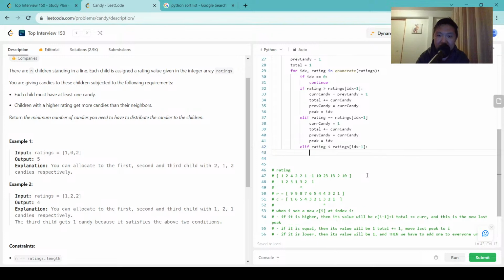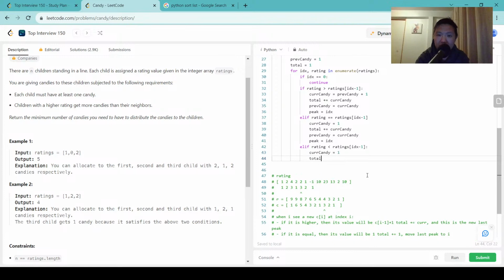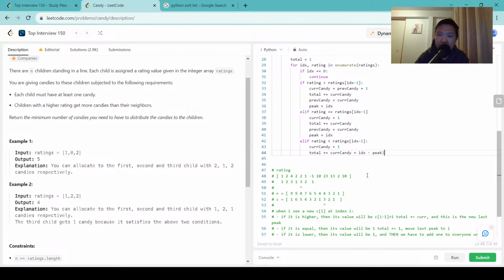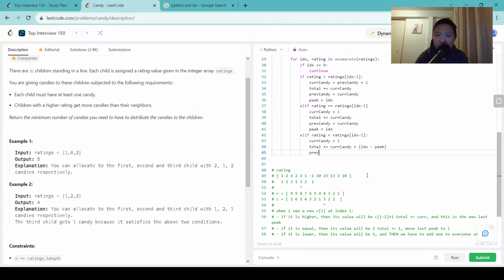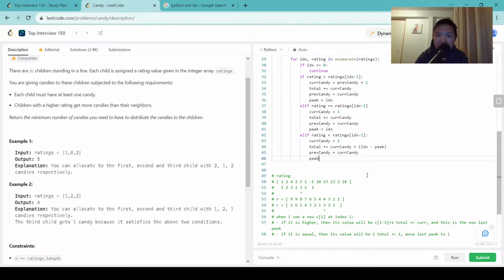Okay, so the third one, which is an interesting case: else, if rating is smaller than ratings IDX minus 1, current candy equals 1. Total plus equals current candy, which is 1, plus the cost of shifting the peak, so IDX minus peak. Previous candy equals current candy, and peak is unchanged.